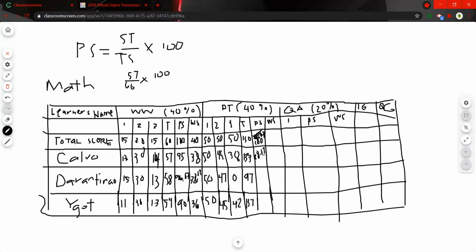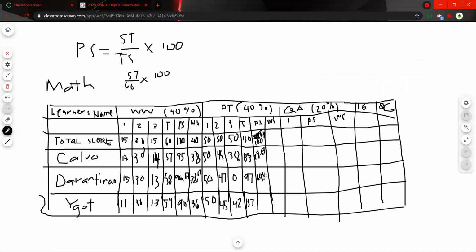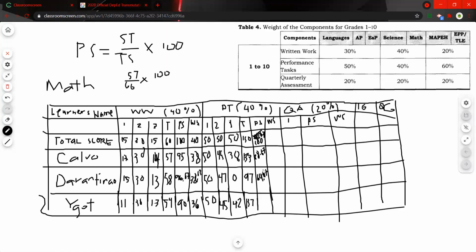For Darantino, 97 divided by 150, that is 0.6466 times 100, which is 64.67.